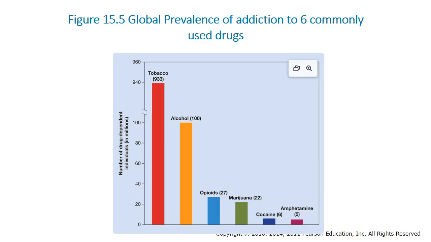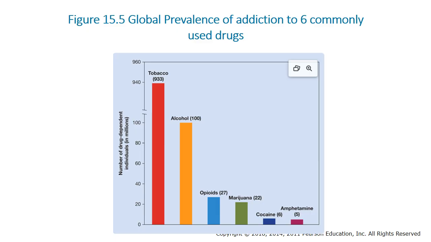The book has a graph. When we're talking about these, the reason we kind of went in the order we did, or at least the reason we started with nicotine and alcohol, is because the number of people who are dependent on these drugs varies quite a bit, right? So tobacco and alcohol involve hundreds and hundreds of millions of people.